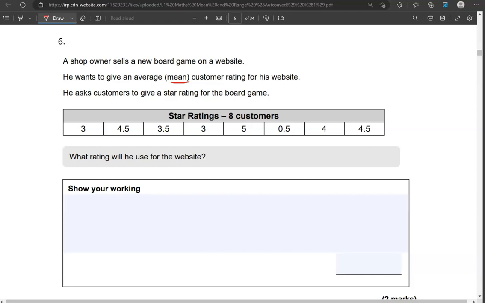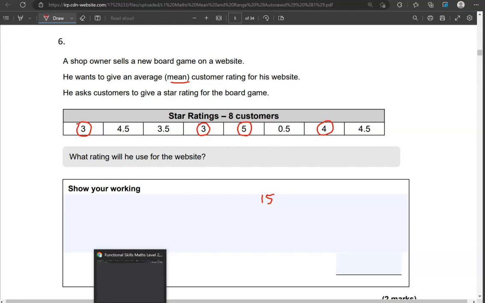So we could add the whole numbers together first. So we've got 3 and 3, which is 6, and 5 is 11, and 4, that is 15. Then we have 4.5 and 4.5, that gives us 9.